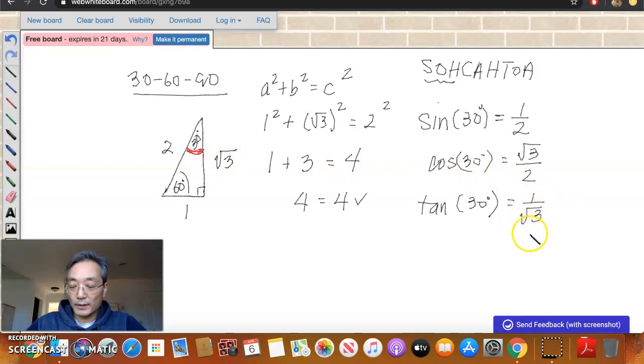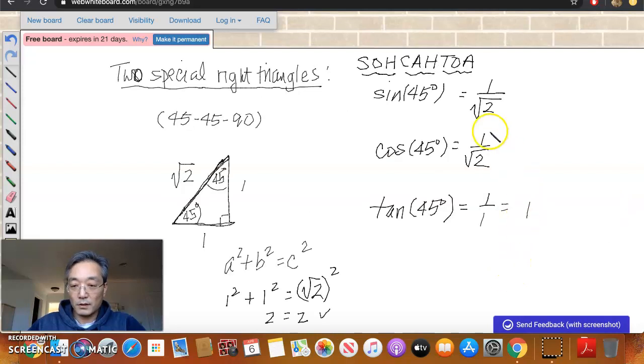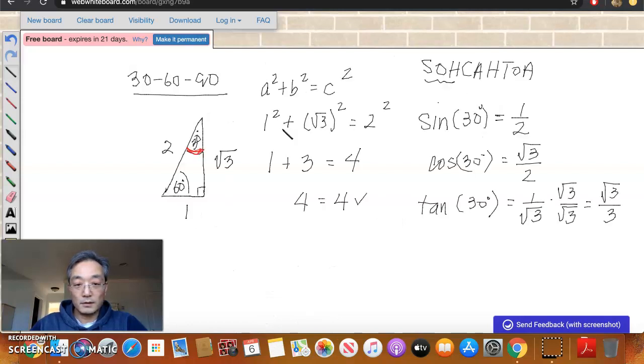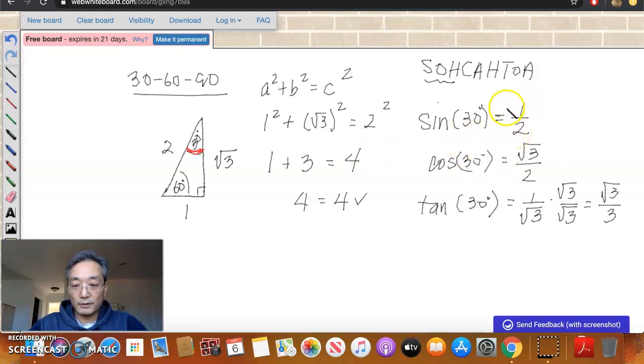But again, we don't want to have an irrational number in the denominator, so we multiply top and bottom by radical 3, and that comes out to radical 3 over 3. Okay, there we go. So here are our 3 values for sine of 30, cosine of 30, and tangent of 30.